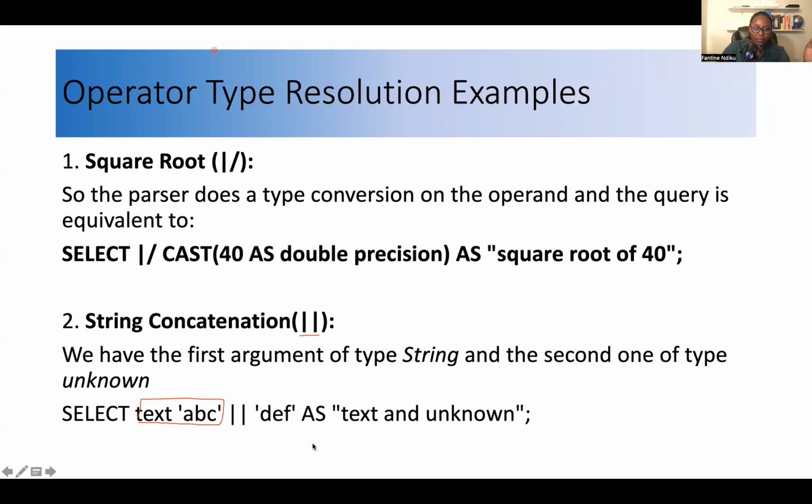This is the first argument, and the second argument is a div. We don't have any specified data type here, so it's considered an unknown data type. What the parser will do is convert this string into text in order to have one data type in output, which will give us this.